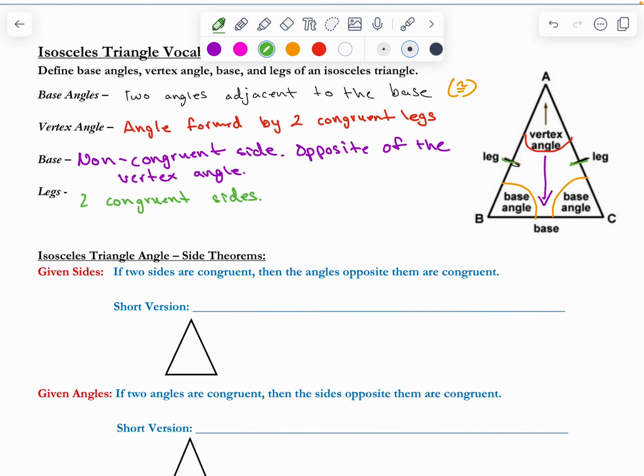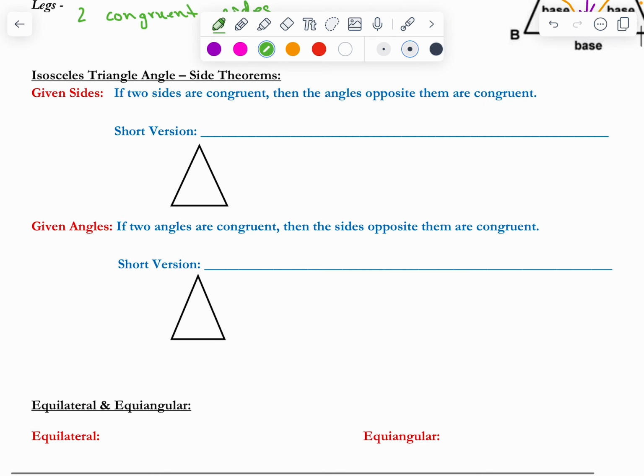So let's keep going. Let's look at some theorems. Isosceles triangle angle-side theorem. Given sides, right? If two sides are congruent, then the angles opposite to them are congruent.